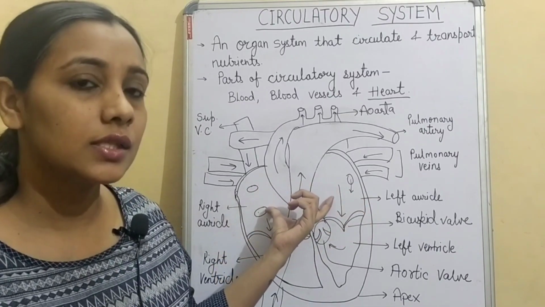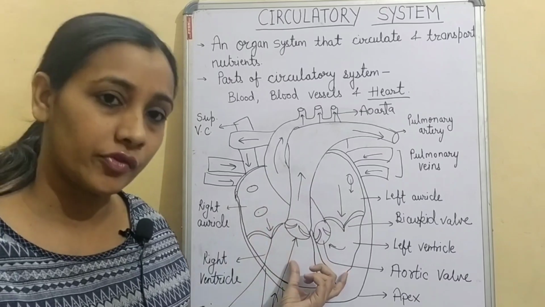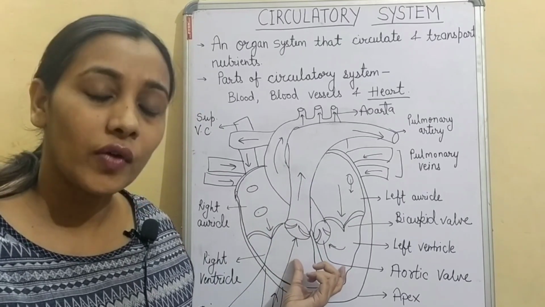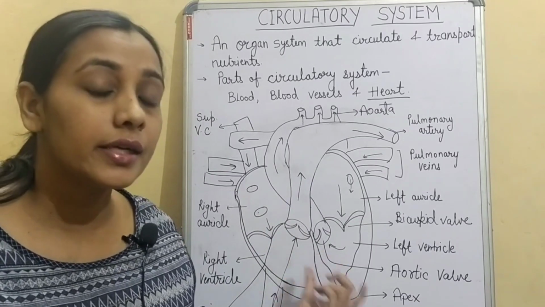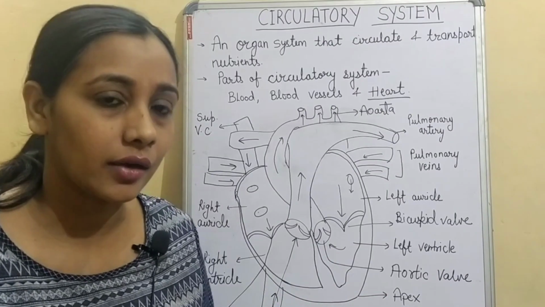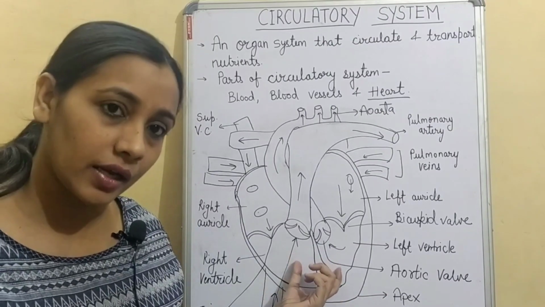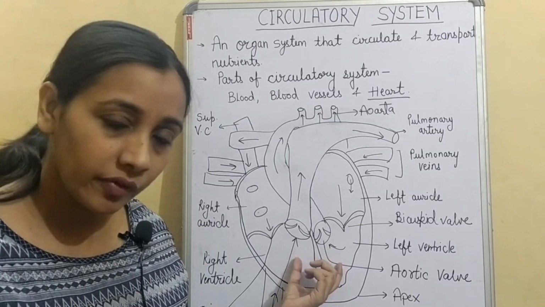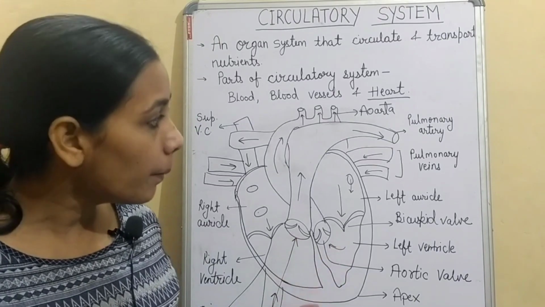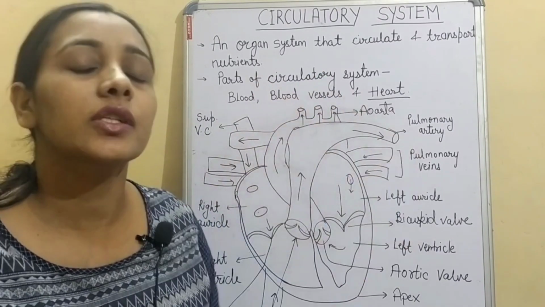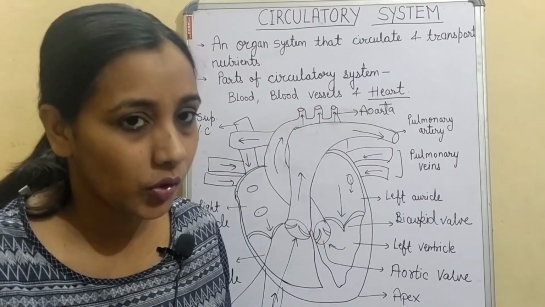From the auricles, the blood will transfer to the ventricles. So that is why the ventricles are called distributing chambers of heart. Distributing chambers, why? Because from the ventricles, the blood will be pumped out to the different parts of the body.